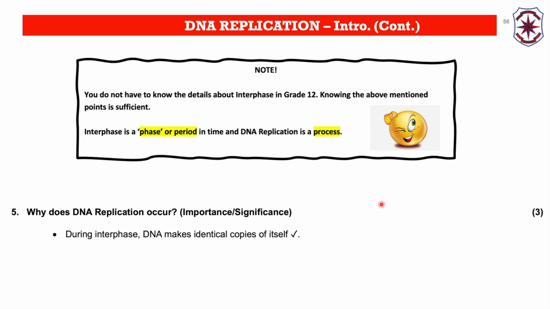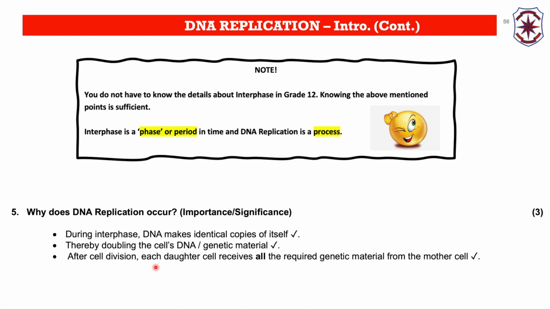During interphase, DNA makes identical copies of itself. 1 tick. Thereby doubling the cell's DNA or doubling the cell's genetic material. Remember, when you make a copy, you are doubling, you are duplicating, you are making a +1. Why do we need to double the cell's DNA?